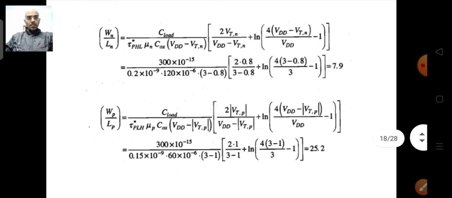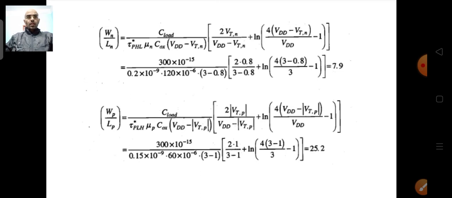Rather than writing the equation in terms of tau PHL, we are writing it in terms of W by L. In our previous class, we derived that the W by L equation becomes something like this for a CMOS inverter.